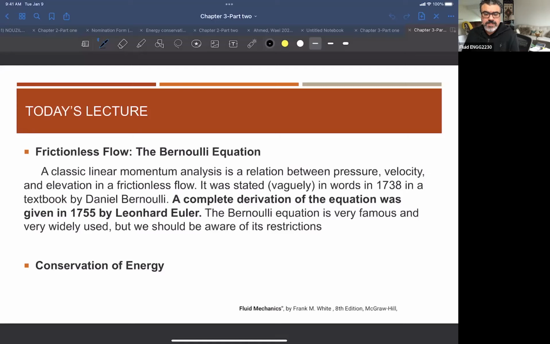Because sometimes you are in a situation where you need to move fast and just do a quick calculation to find out where you are and what kind of range you're looking at. So the Bernoulli equation is considered one of the very famous equations in fluid mechanics. The Bernoulli equation is an analysis of pressure, velocity, and elevation, but in a frictionless flow.